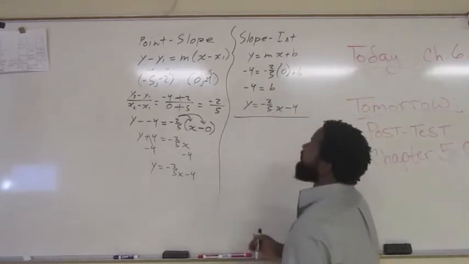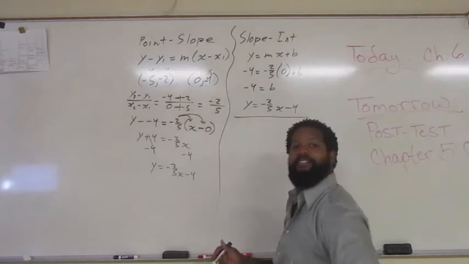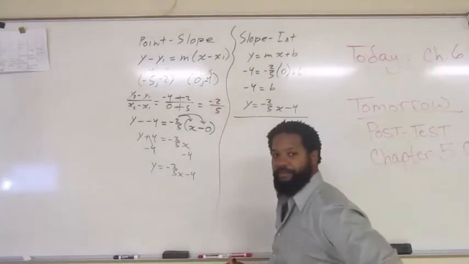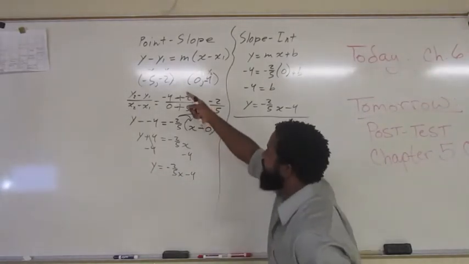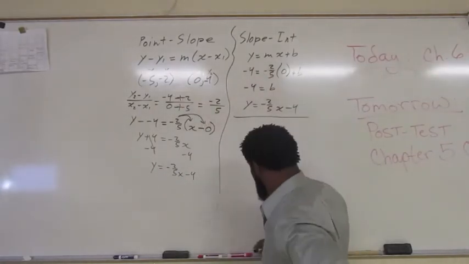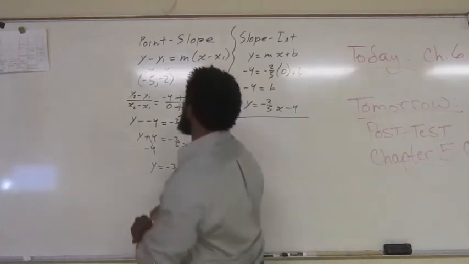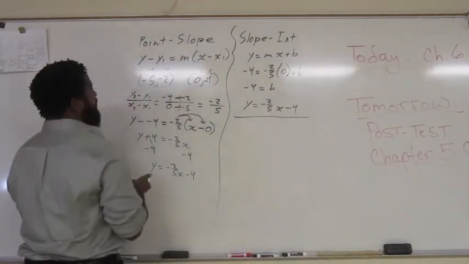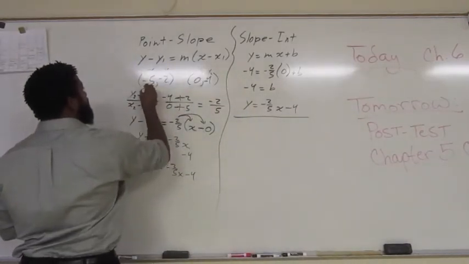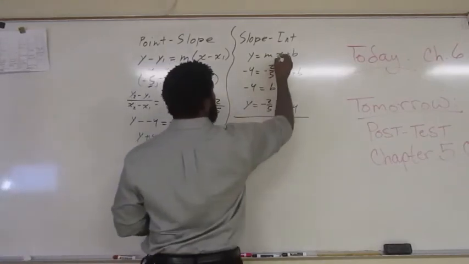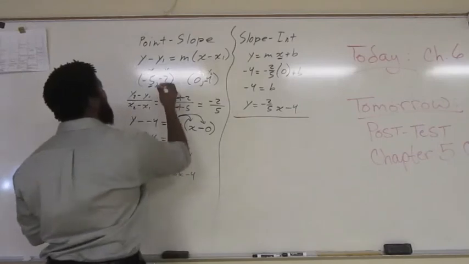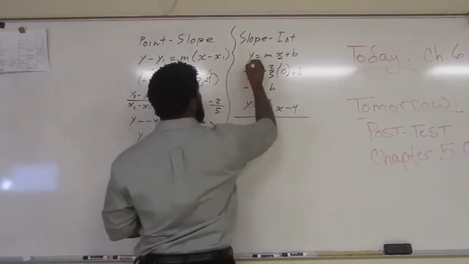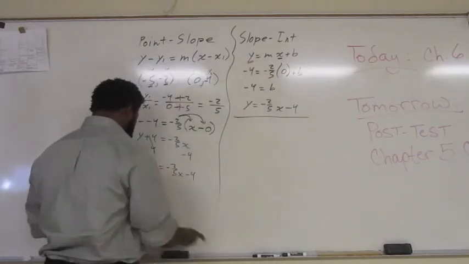Yeah, I'll explain the short one by doing the other one. So, for example, say that you didn't want to use the 0 and the -4. Say you wanted to use the -5 and the -2. So you're going to plug these in, the x in for your x, and the y in for the y, okay? That's all you're doing.